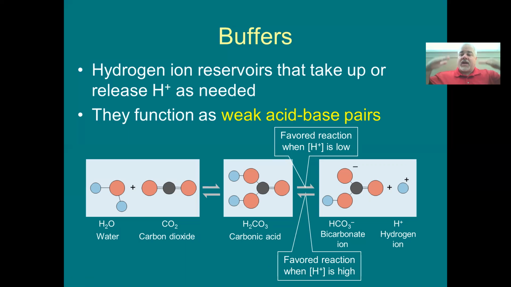And every buffer has its particular point where it stabilizes the pH. And the combination of buffers in my blood stabilize the pH around pH 7. In other solutions, in other environments, the pH might be stabilized at a different level.